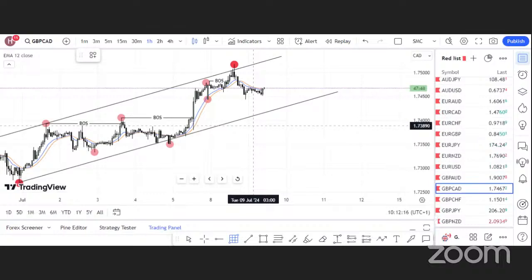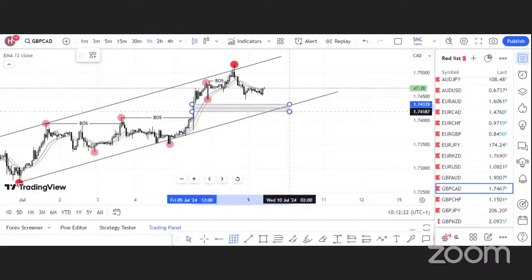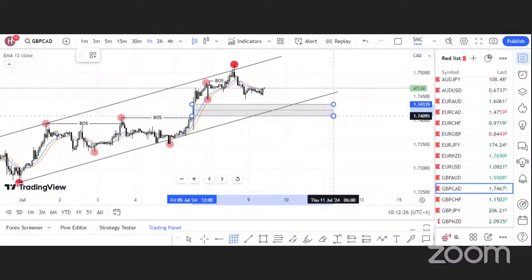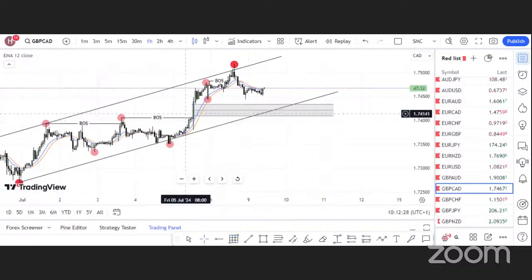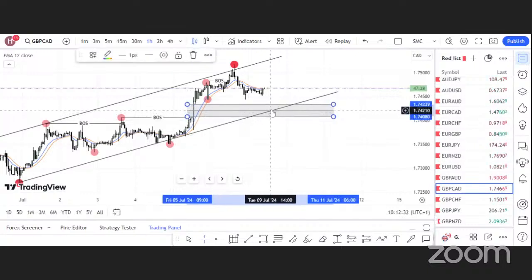So we have a displacement here, and this happened a few hours ago. Okay, and as you can see, the displacement aligned well with our trend line. So our trend line had suggested this level as our point of interest, where the market will get to and then continue to go bullish.